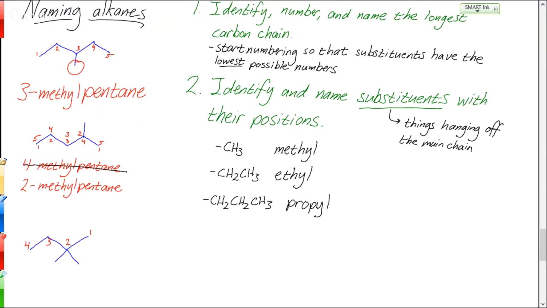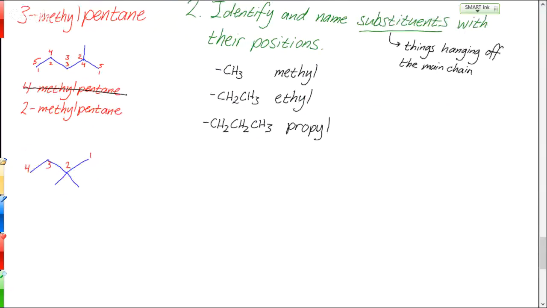What's the chain of 4 carbons called? Butane, yeah. So that means the end of our name is going to be butane. And the beginning of the name, we have to look for the substituent. So what kind of substituents do we have here that aren't a part of the main chain? There's 2 of them, and they're not connected, right?